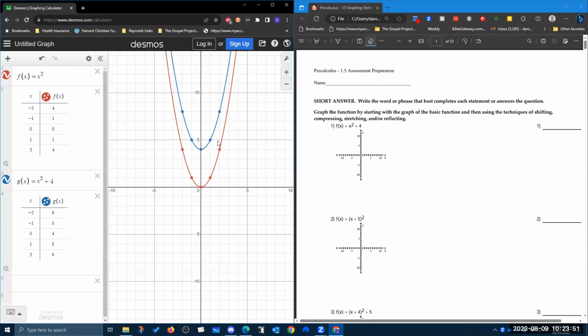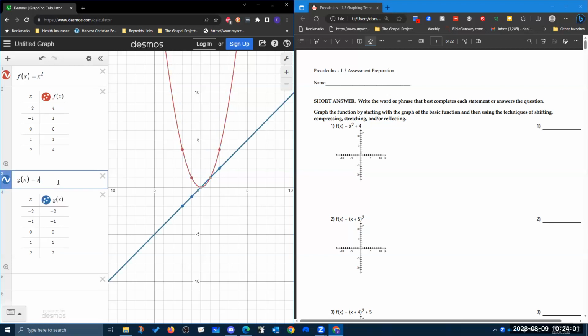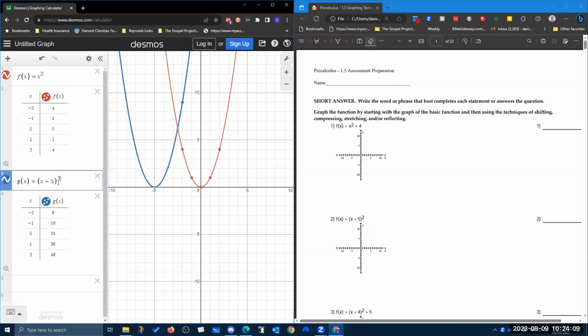Now, I'm going to keep the same parent graph of x squared in problem number 2, but my transformation now is going to be (x plus 5) quantity squared, and my transformation is going to move every one of those points over to the left 5.